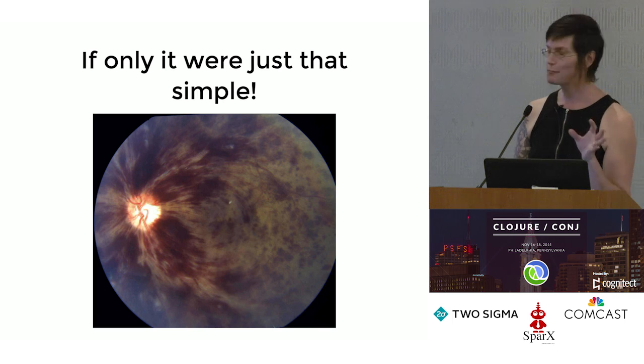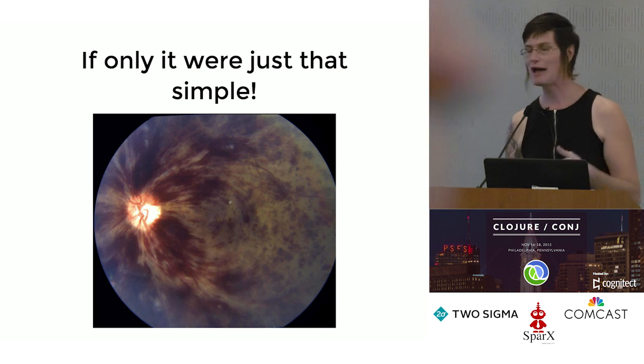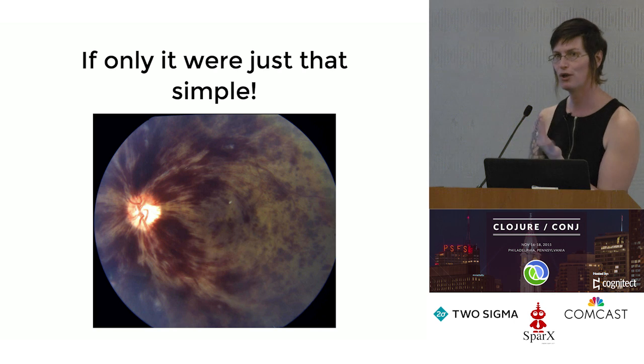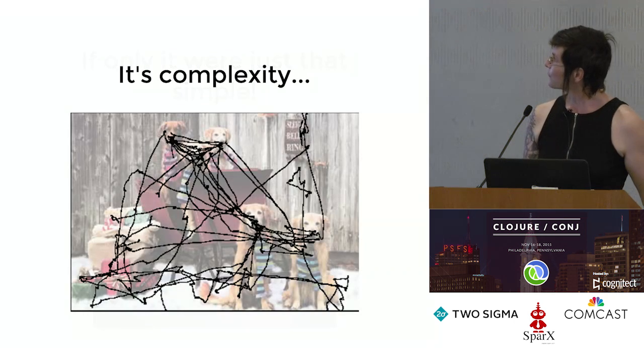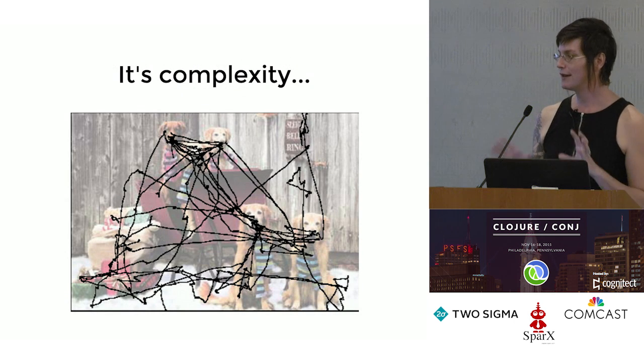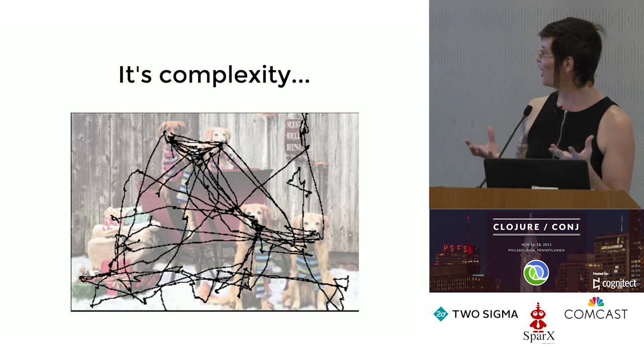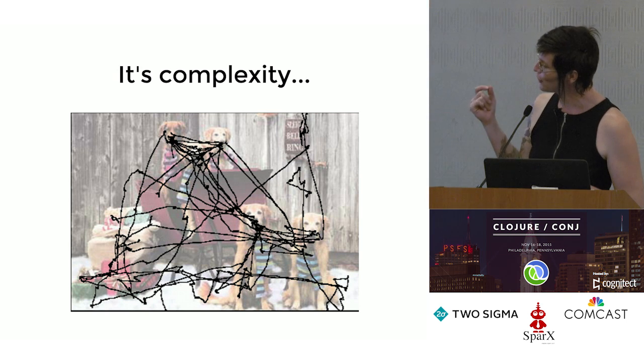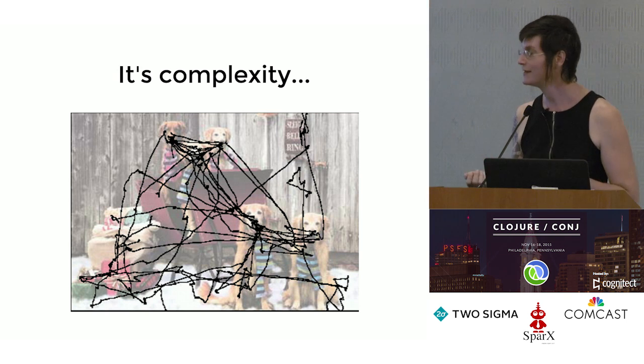So that nice map is not actually a nice map because it's covered with veins that block certain cells. And it's not like you have a static eye. This is a picture of something called microsaccades.